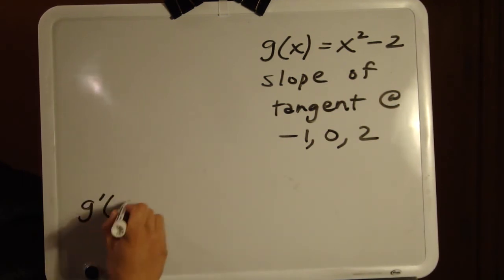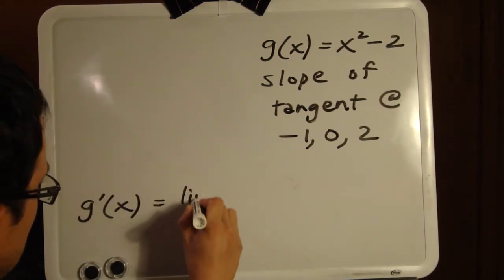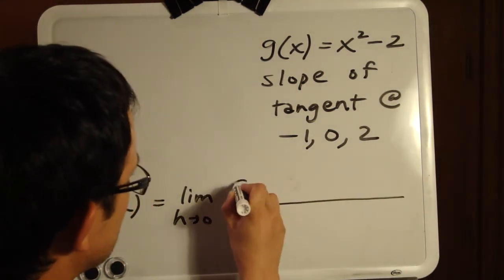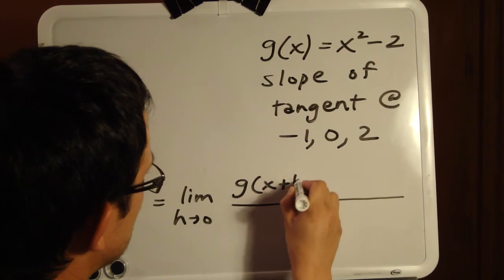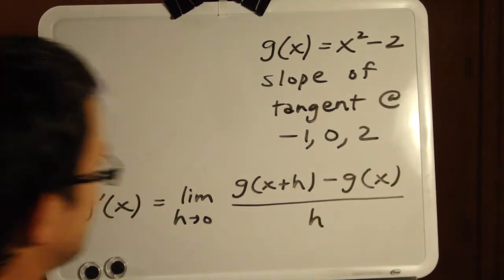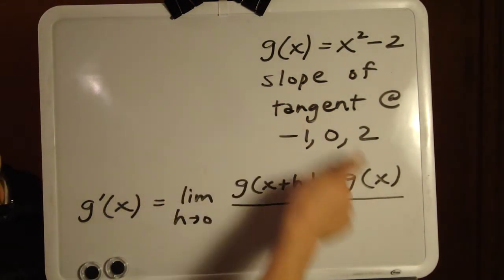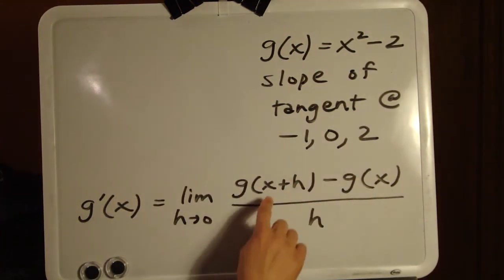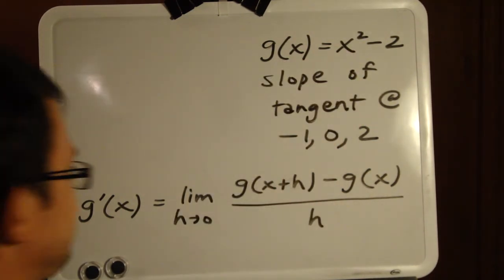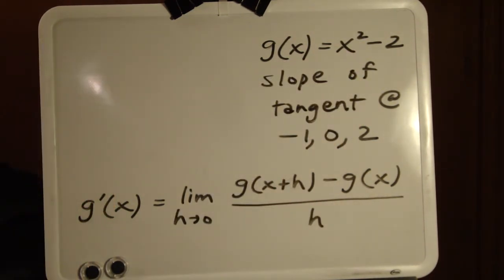So g prime, this is the limit as h goes to 0. So g of x plus h minus g of x, and then this is divided by h. So you can see we have to use the g of x here, then also insert x plus h in place of x into this expression. So we're going to go through and do that.